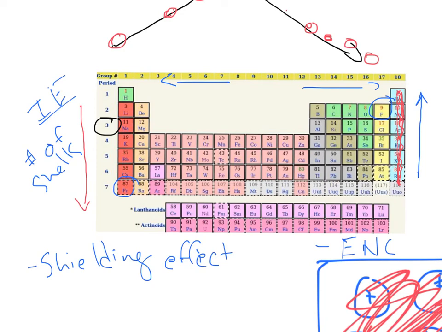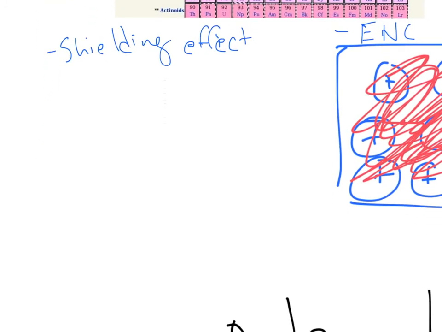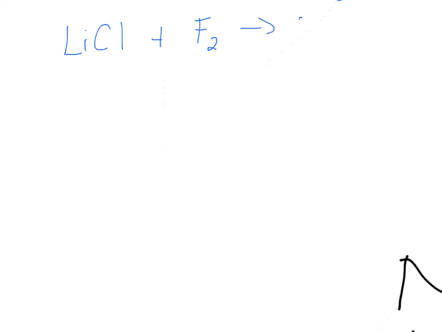And this reactivity leads to a reactivity series, in that if I react a couple of things together, one would replace the other. If I have lithium chloride and I react it with F2, I'm going to get lithium fluoride, balanced out to 2, and chlorine gas.